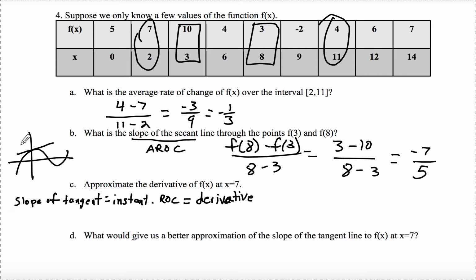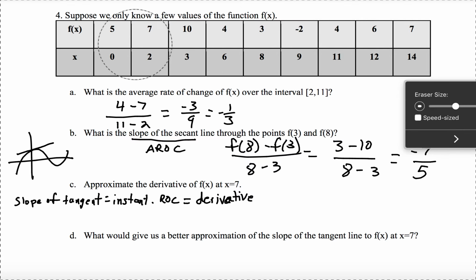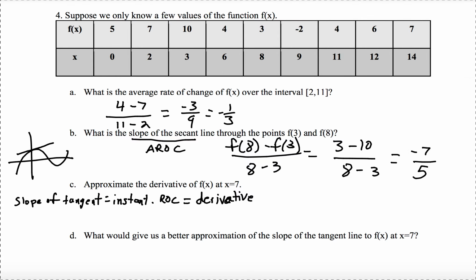Now, as we said, we can't just determine that from these points. We don't actually have a way to. And if we think about this a step farther, if we want it at x equals 7, we're going to run into some issues because x equals 7 isn't even on this graph. x equals 7 would be right here. But if we just need to approximate the derivative, what would the slope at 7 be? We can use the surrounding points.